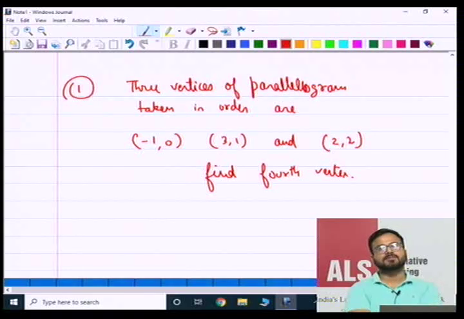These three vertices are in order. Which concept of parallelogram will you apply? Use the concept that diagonals of a parallelogram bisect each other. So use the concept of the midpoint.